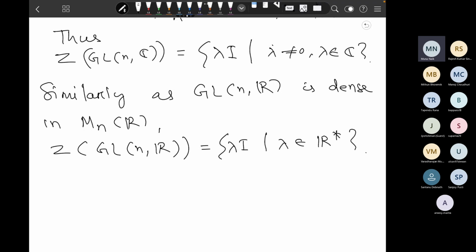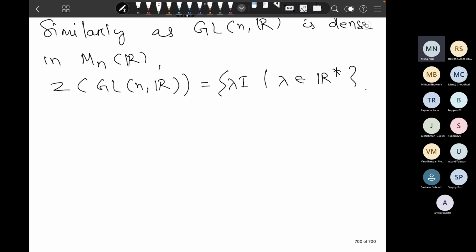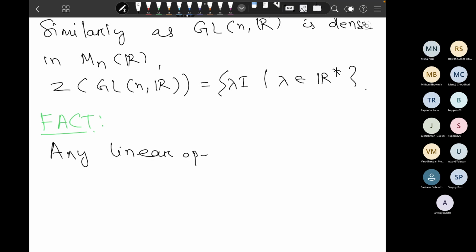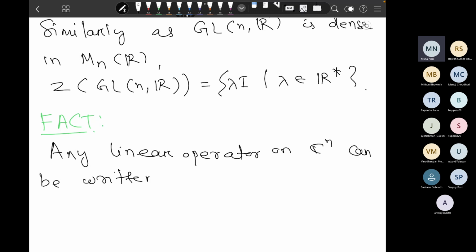These are some results you know. And another interesting fact is something like this: any linear operator in C^n can be written as a linear combination of 4 unitary operators.